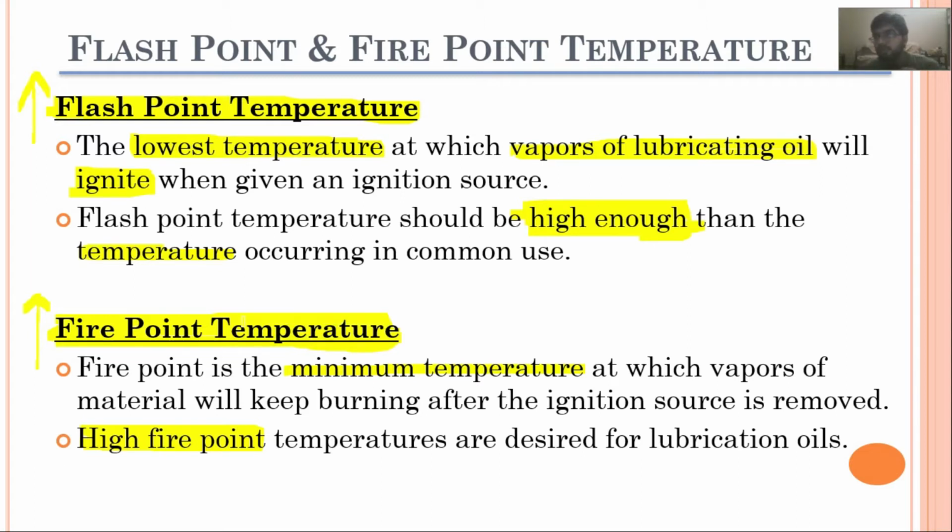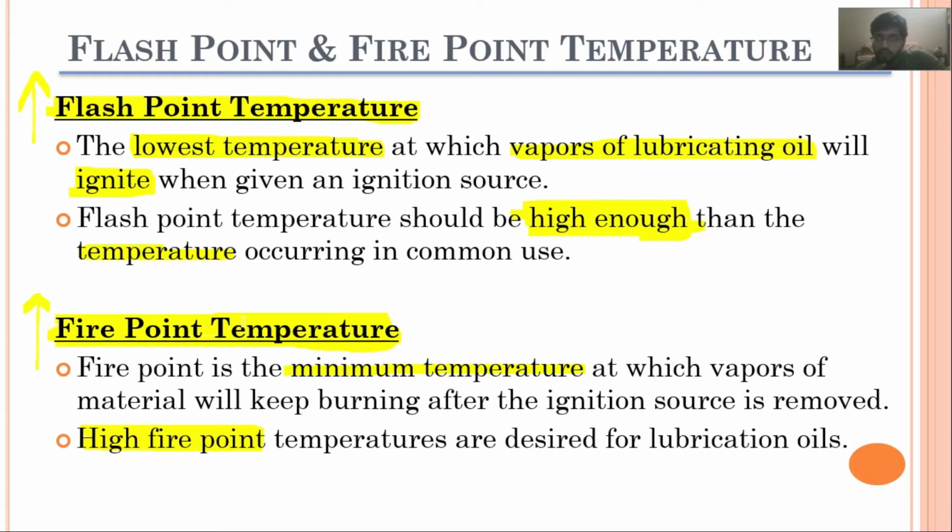So the main difference between the flash point and the fire point temperature is that flash point temperature is that lowest temperature at which the vapors of a lubricating oil will ignite, and the fire point temperature is that minimum temperature at which the already ignited lubricant oil will keep on burning even if the ignition source has been removed, and they both should be higher for the lubricant oils.